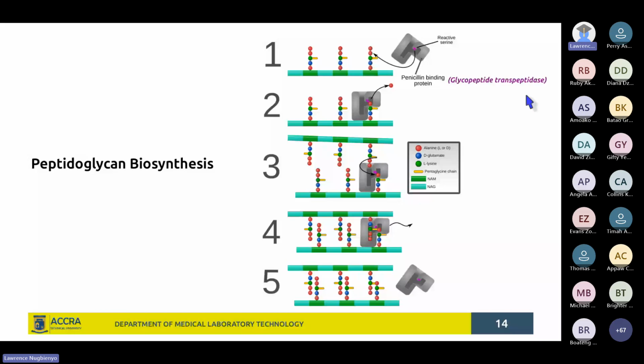Now, if you look at it from step 1 to step 5, what is happening is that in the active center of the enzyme, you have a reactive serine residue. The amino acid serine residue is there. And you see that this enzyme has two pockets, a longer pocket and a shorter pocket.